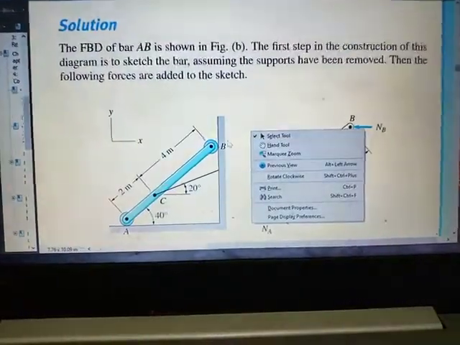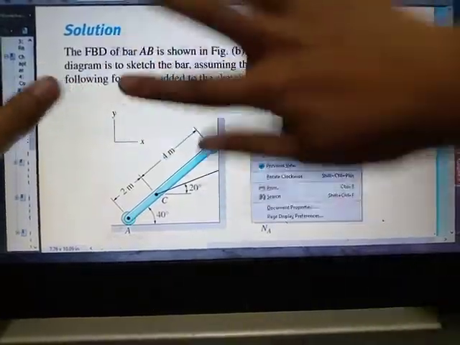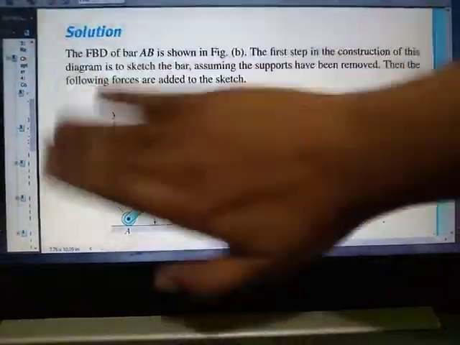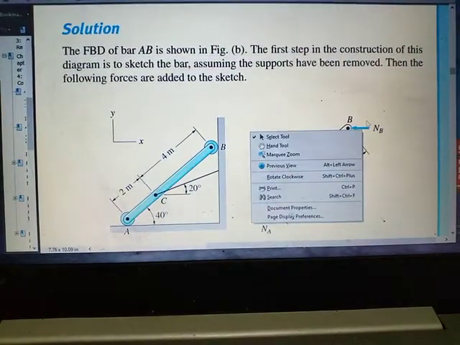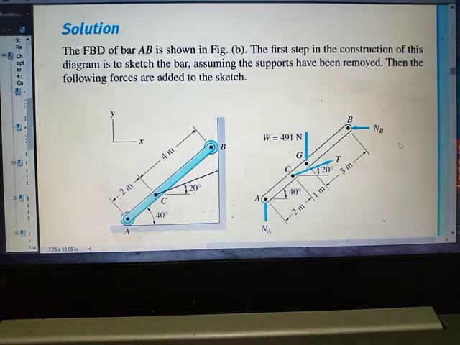Okay, so siguro hindi ko nasulatan to next time. Kasi, madumi. Okay, so yan. So, yan yung free body diagram.